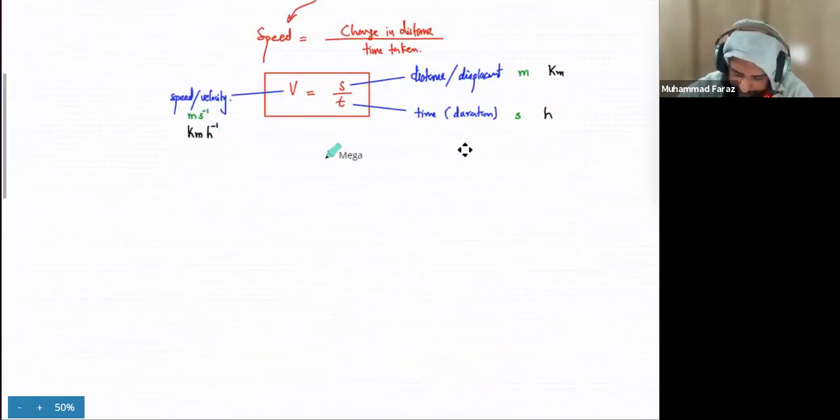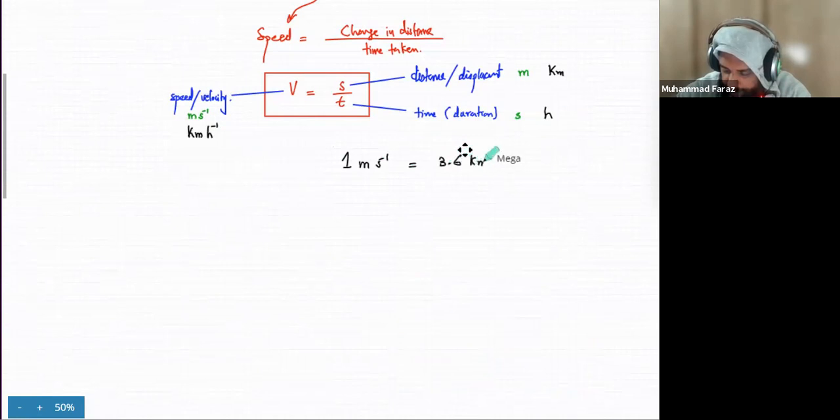Remember, 1 meter per second equals 3.6 kilometers per hour.